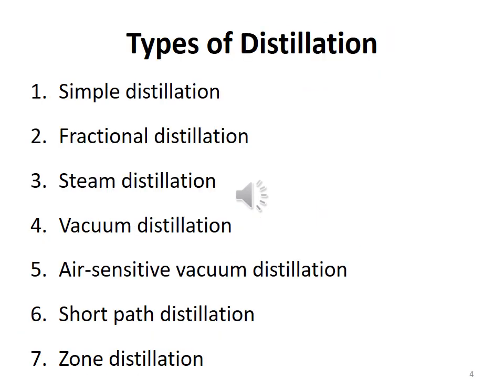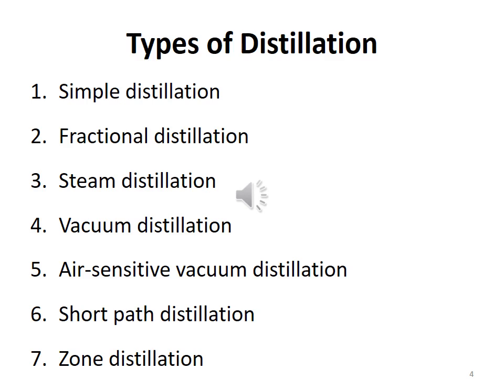There are different types of distillation, such as simple distillation, which involves heating the liquid mixture to the boiling point of a specific component and subsequent condensation of that gaseous phase of that component to convert this vapor into the liquid phase.